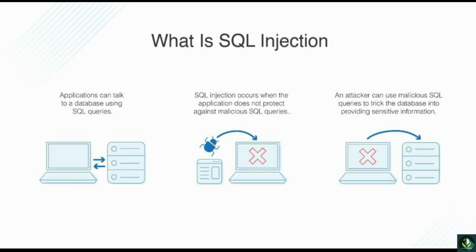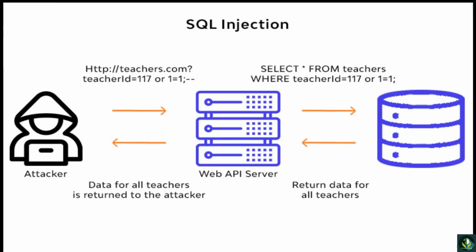SQL injection is a web security vulnerability that allows an attacker to interfere with the queries that an application makes to its database. It generally allows an attacker to view data that they are not normally able to retrieve. So look at this picture.